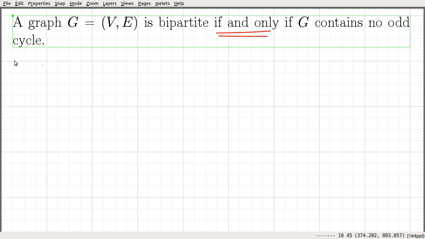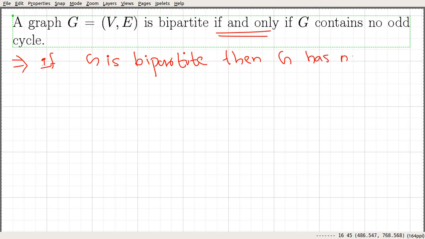Let's start by proving the first part. Let me rewrite it: if G is bipartite, then G has no odd cycle.